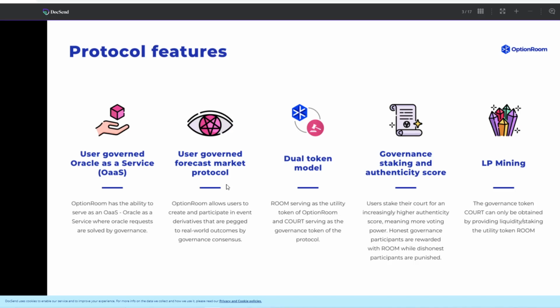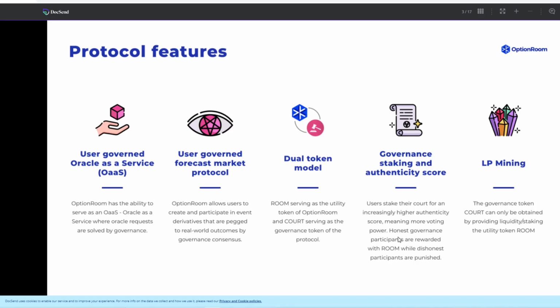Dual token model. They've got a utility token, OptionRoom, and Court serving as the governance token. So Court is the governance token and OptionRoom is the utility, okay? Then they'll have a staking and authenticity score, where a higher authenticity score means more voting power.